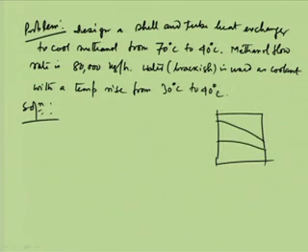Here it is 70 degree centigrade, this is 40 degree centigrade, this is 30 degree centigrade, and this is 40 degree centigrade. So, this is the coolant. Now, we will apply Kern's method.